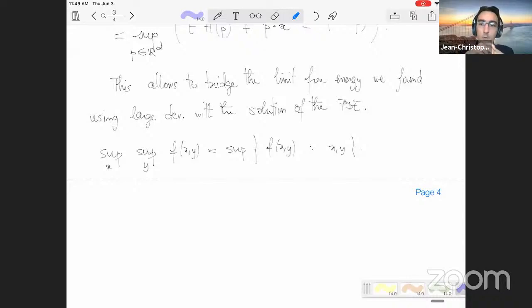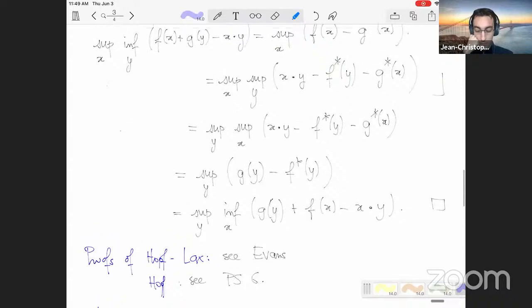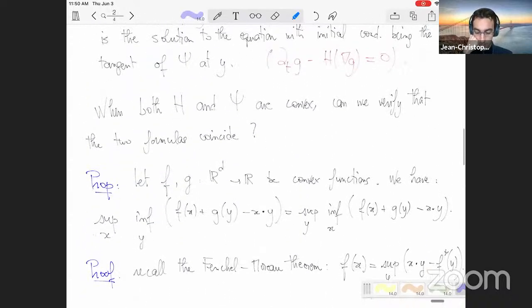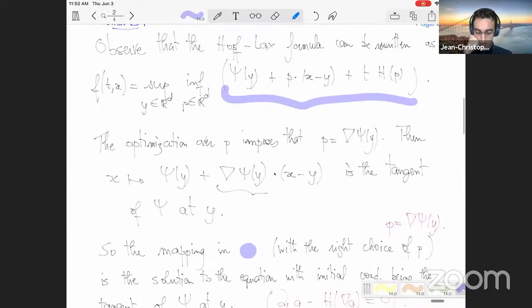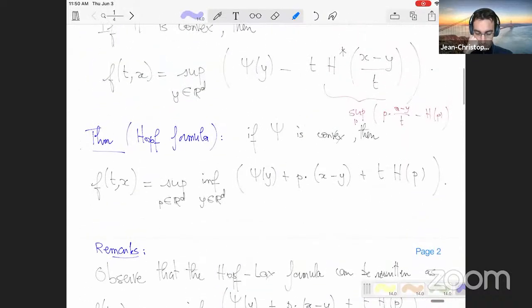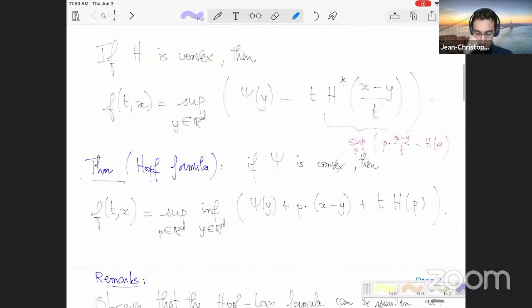So you still believe there's a sign error. But why do you believe so? Because if you don't tell me why, then okay. Let me see. Maybe I wrote x minus y and I should have written y minus x. Yes, you're right. Okay, so let me double check. Now I understand why you thought so. I made an error here.